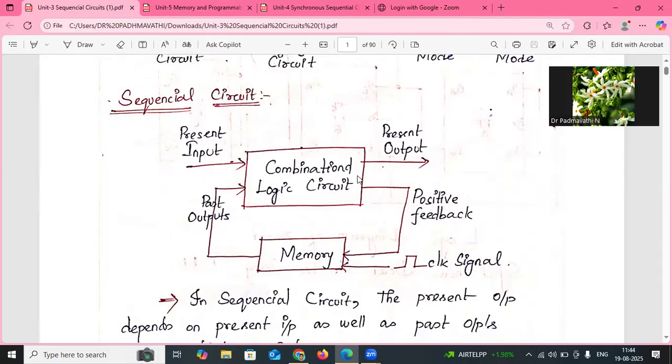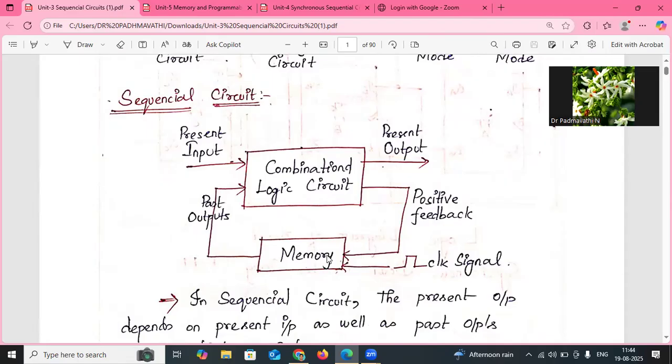Whatever the present output may be, 0 or 1, it can be given as feedback to the input of the combinational circuit through the memory. So here memory plays an important role. A sequential circuit is a combination of a combinational logic circuit along with a memory element.